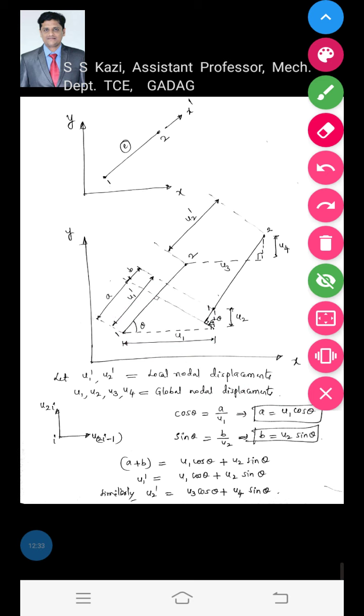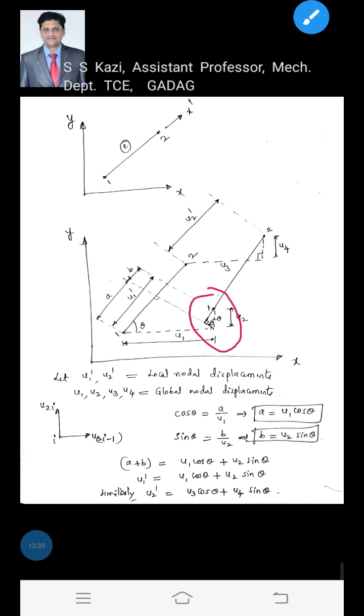Now come to the second right angle triangle, this one. In this right angle triangle, if this is theta, then this one will be 90 minus theta, correct?